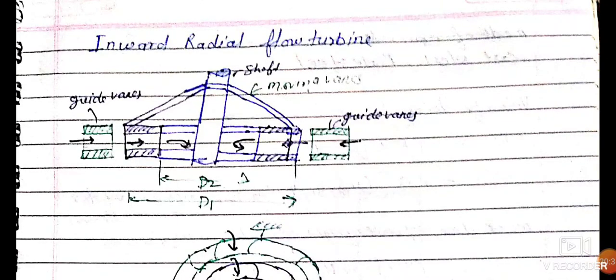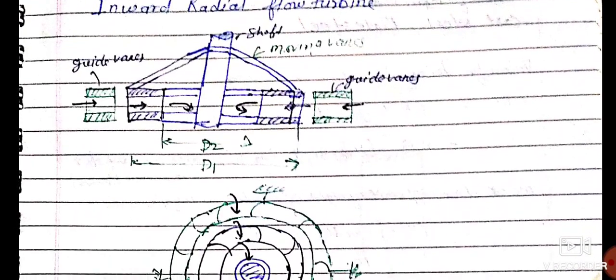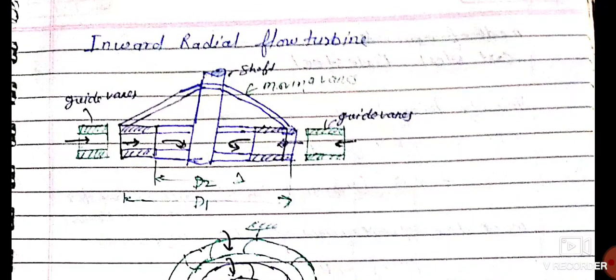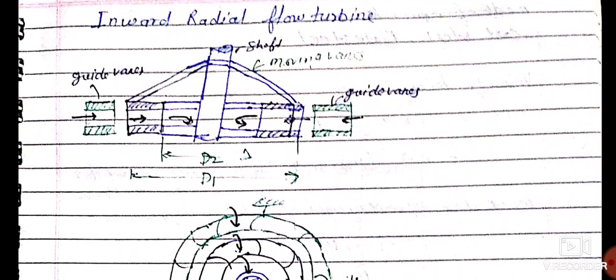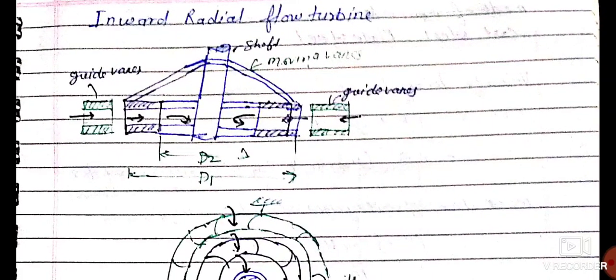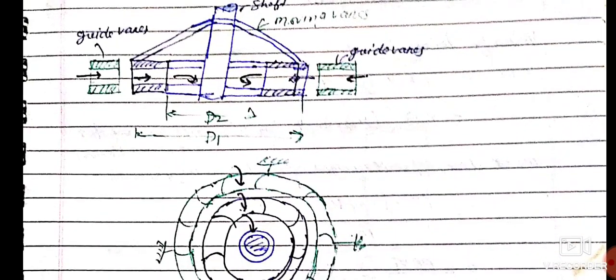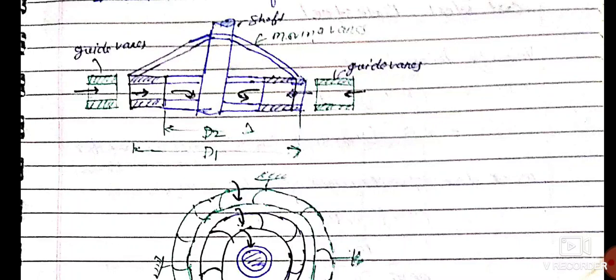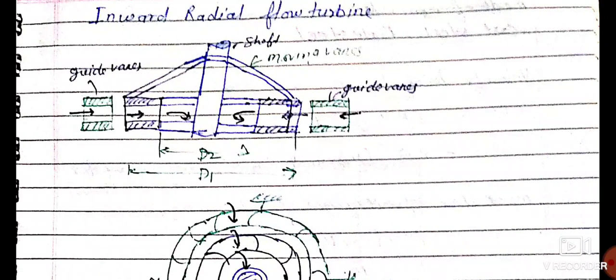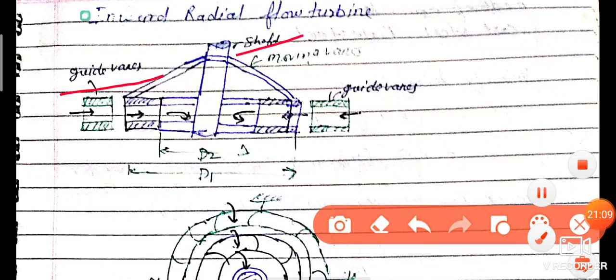Inward radial flow turbine. Here is a schematic diagram of the inward radial flow turbine, showing the guide vane shaft, mounting vanes, and guide vanes.